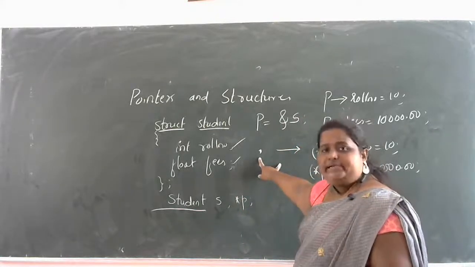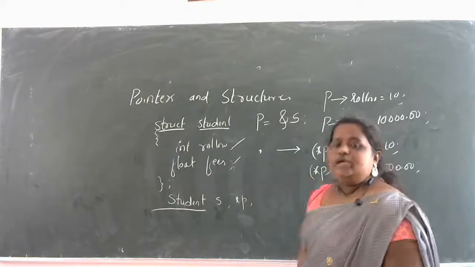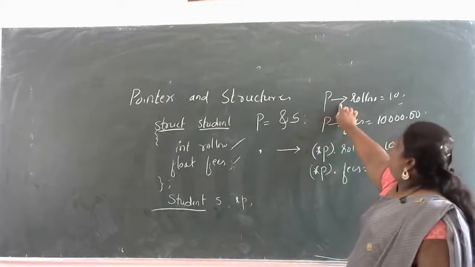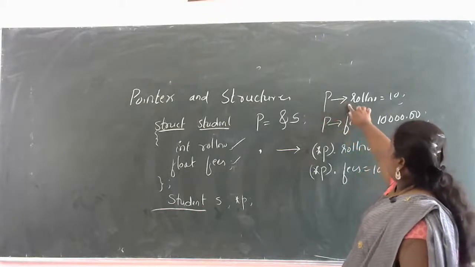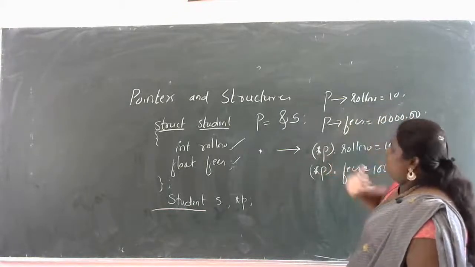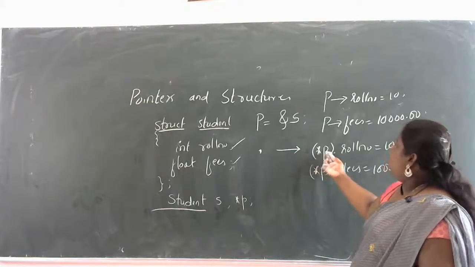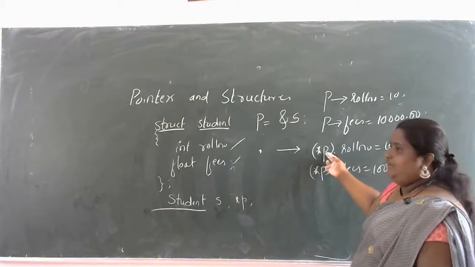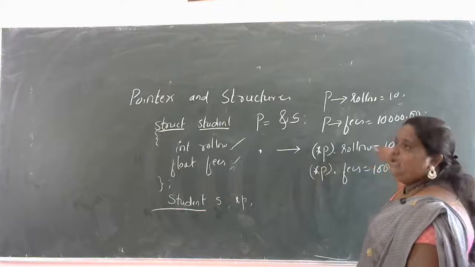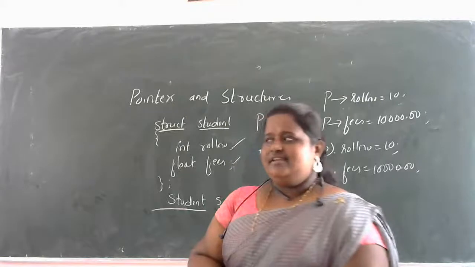Using dot operator or arrow operator you can access the variables. Using arrow operator: pointer name, arrow mark, variable name equal to value. Using dot operator: star operator, pointer name in brackets, dot operator, variable name equal to value. Okay, we'll continue in the next class. Thank you.